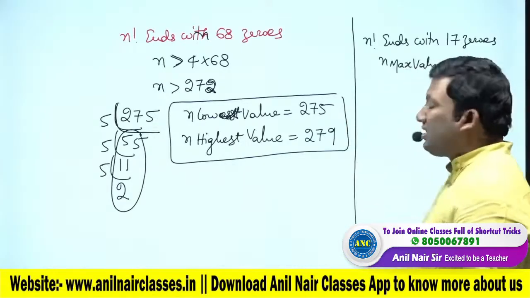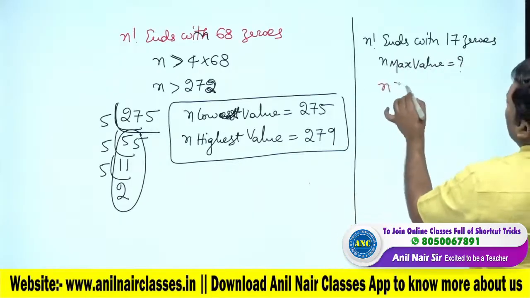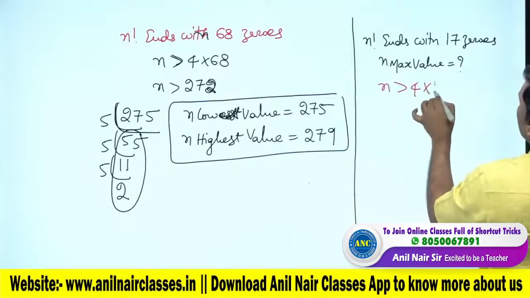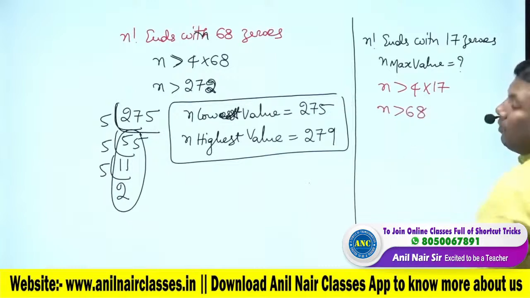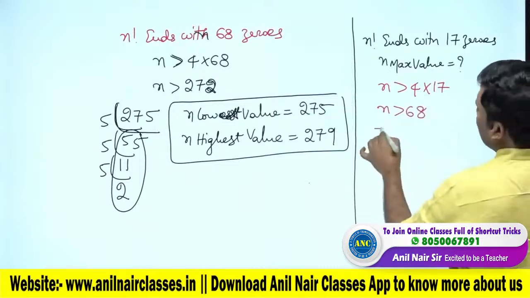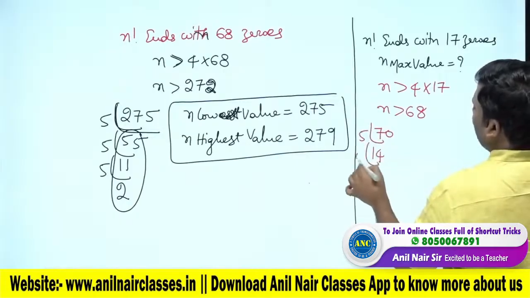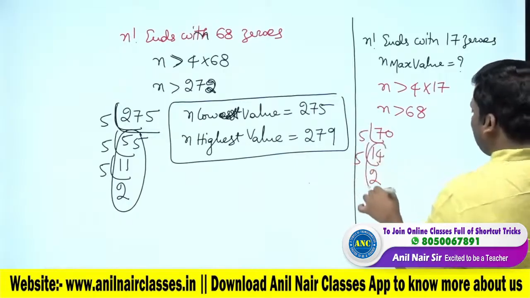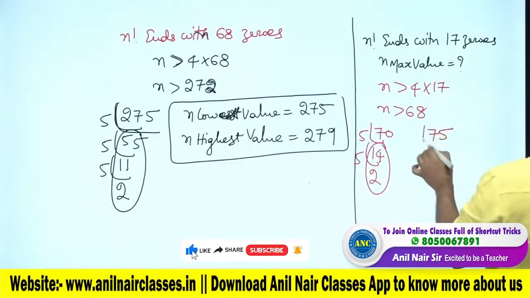N is greater than 4x, that means n is greater than 68. What is the multiple of 5 greater than 68? 70. So 5 14s are, 5 2s are. 14 plus 2 is 16. I want 17. Take the next multiple.